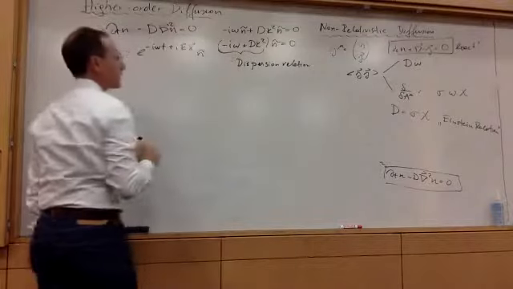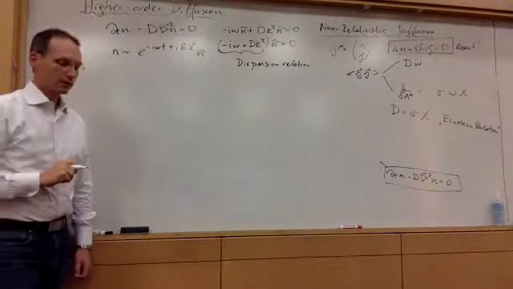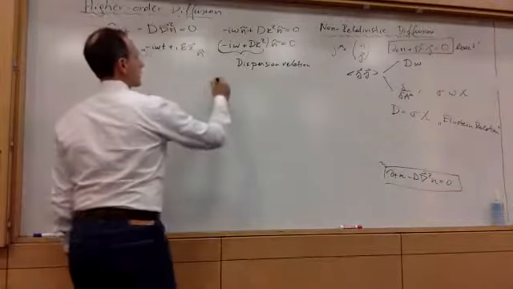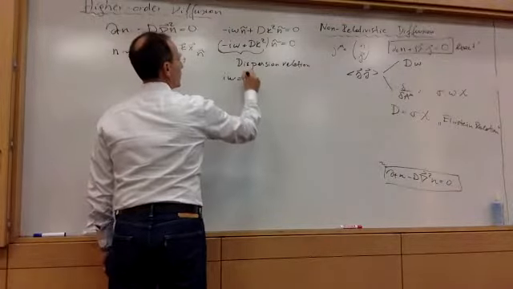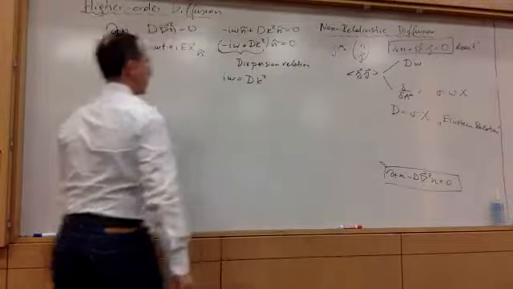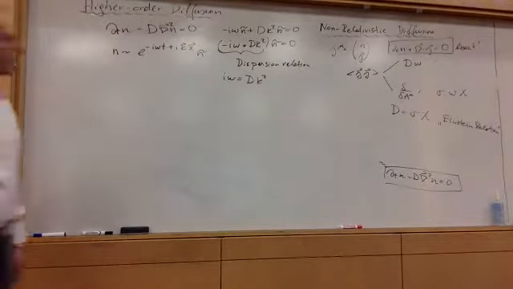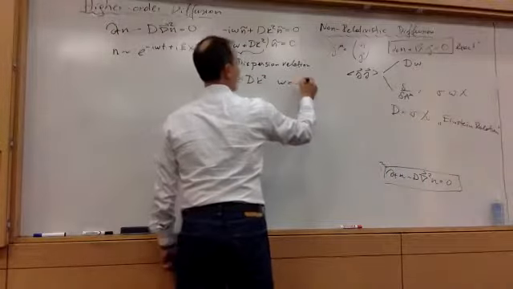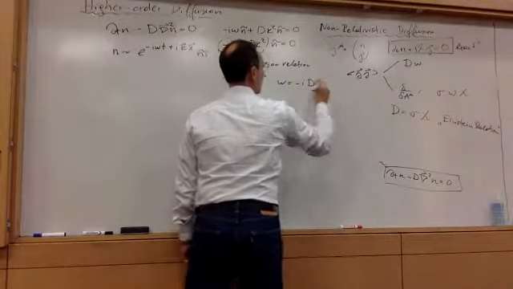And it's giving us a relation between the frequency and the wave number. So in this case, it says that i omega is equal to dk squared. It is sort of imaginary, so that means that omega here is just minus i dk squared.